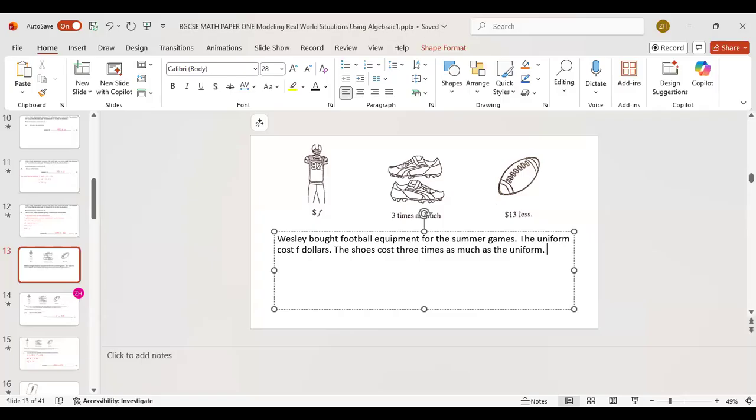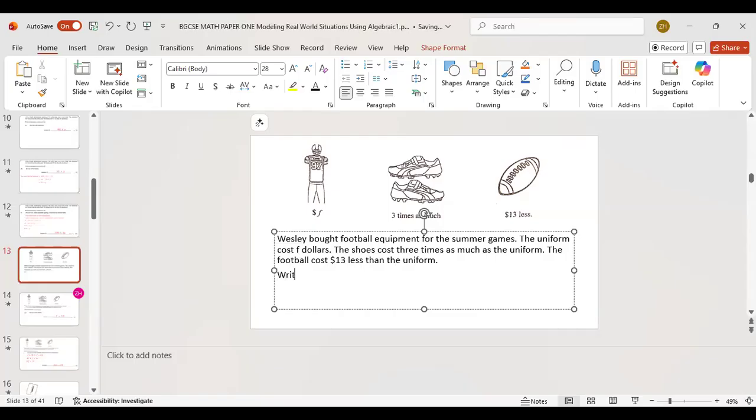Everyone should be writing this down. This is our final question. The football costs $13 less than the uniform.